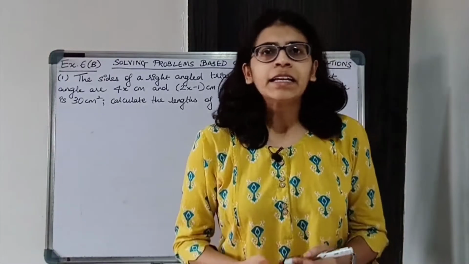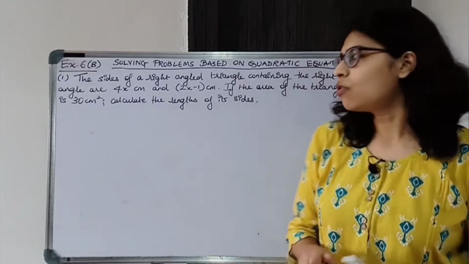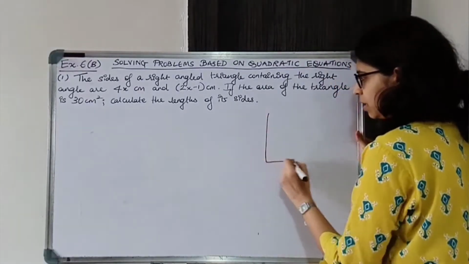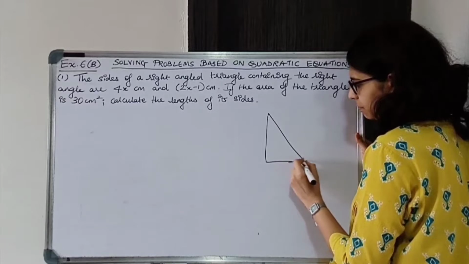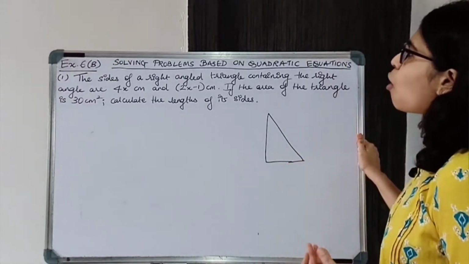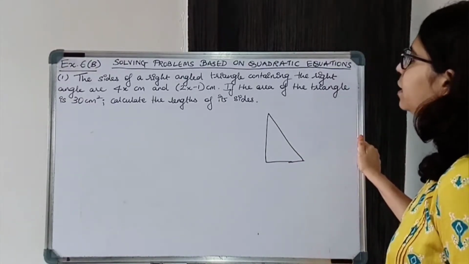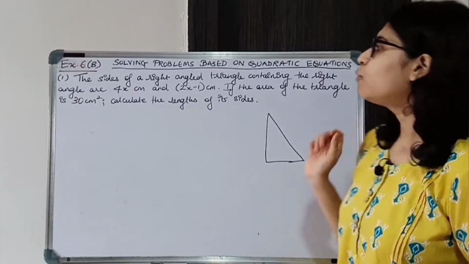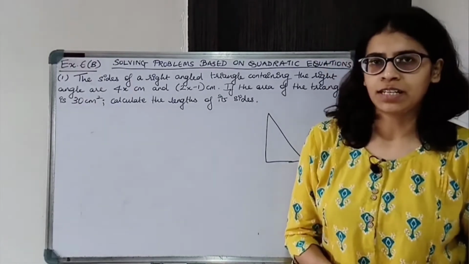There is a right angled triangle. Okay, so let's consider a right angled triangle. The sides of a right angled triangle containing the right angle are 4x centimeters and 2x minus 1 centimeters.